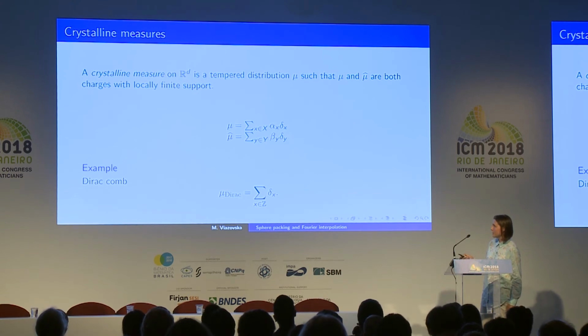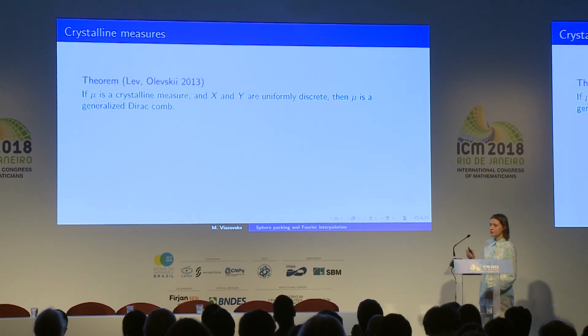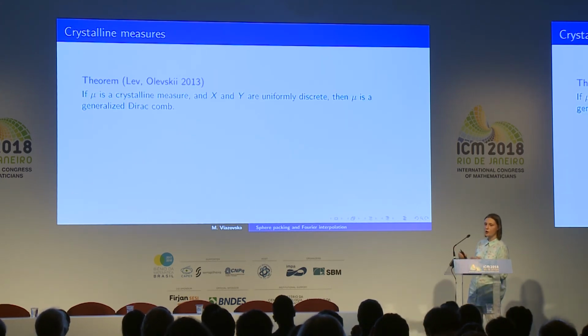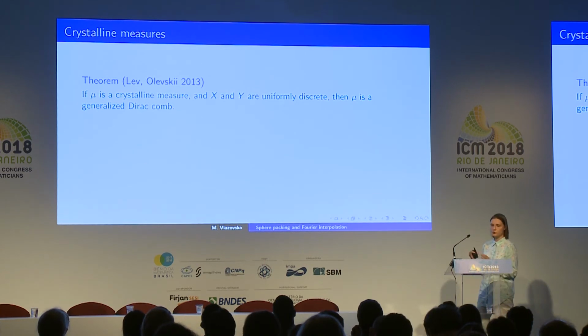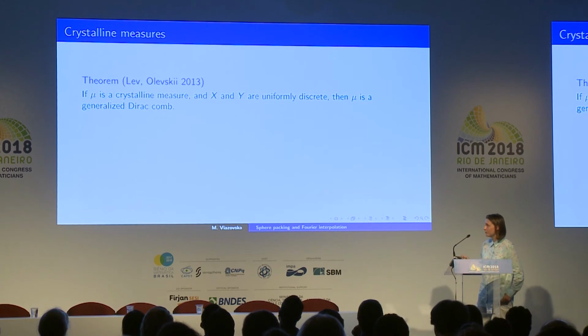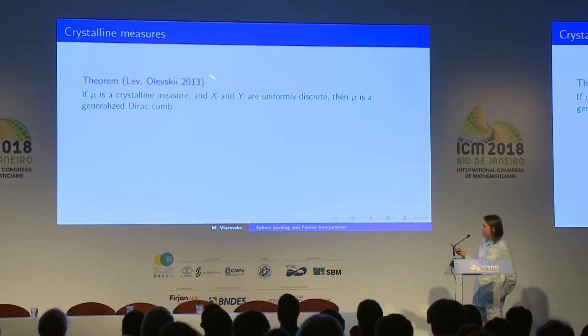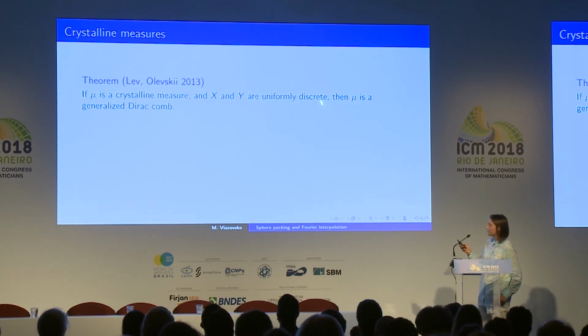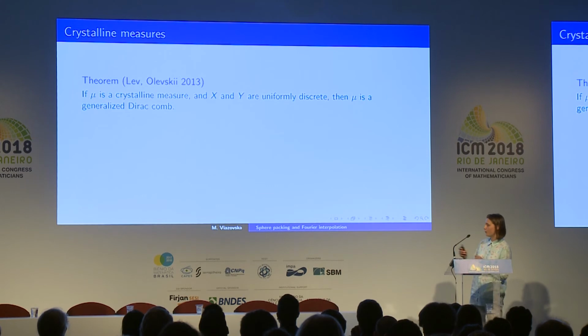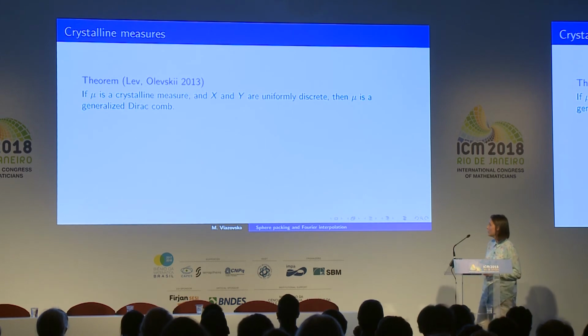If we ask some additional properties from our crystalline measure, then we can rule out everything except for those Dirac combs. It's a quite recent theorem of Lev and Olevskii, who say that if mu is a crystalline measure, and we require that both support and spectrum are uniformly discrete, meaning the distance between two points in X and in Y has to be bounded from below, then mu can only be a generalized Dirac comb.